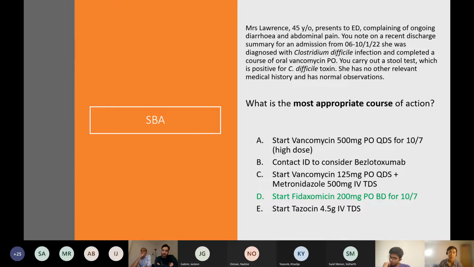In this case, I've mentioned specifically that she has normal observations, so it's not life-threatening, and we've only tried one treatment, which is vancomycin. So you'd want to try the second-line treatment, which is fidaxomicin. You definitely don't want to start tazocin because broad-spectrum antibiotics like tazocin are actually the ones that cause C. diff.